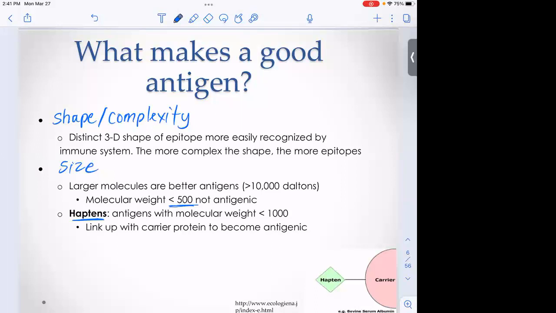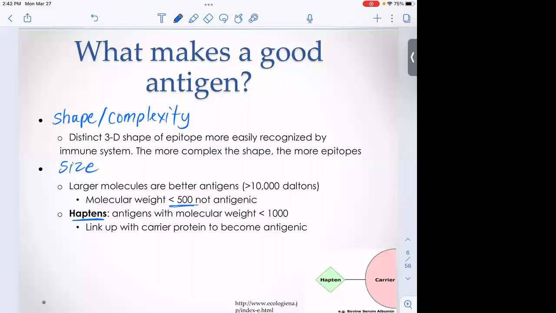But that urushiol complexes with some proteins in our skin to become antigenic. All right, so if we wash it off within a few hours of being exposed to poison ivy, then we don't get it. And by the way, you have to scrub it with something, not just your hand. It's oil, so you have to scrub it off with a cloth or something. But that's an example of a hapten.